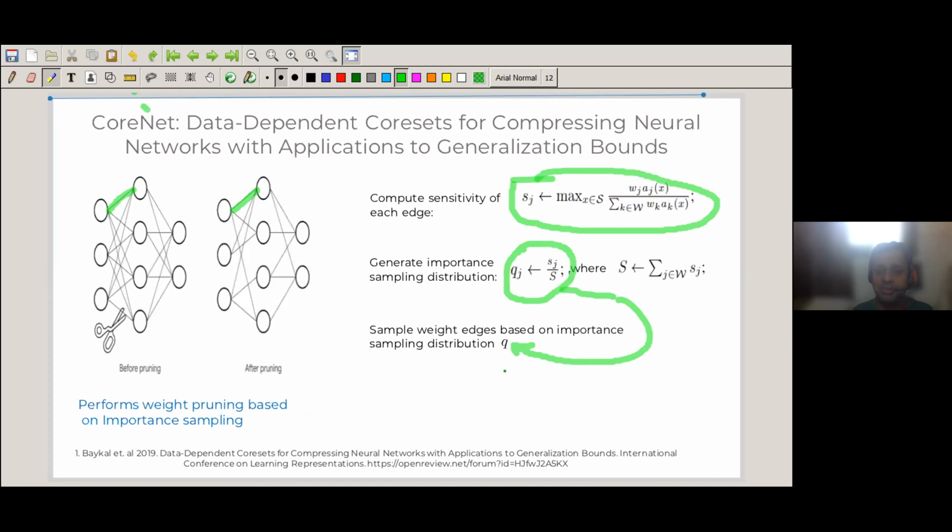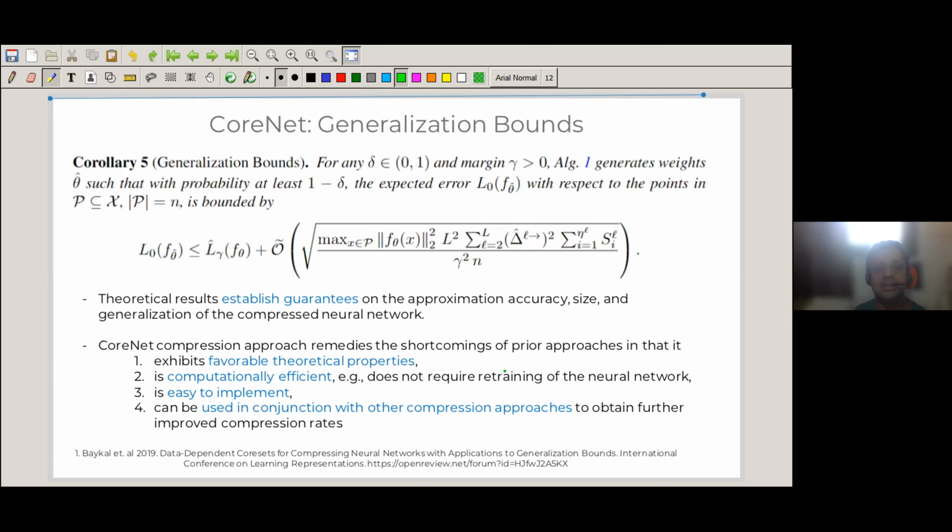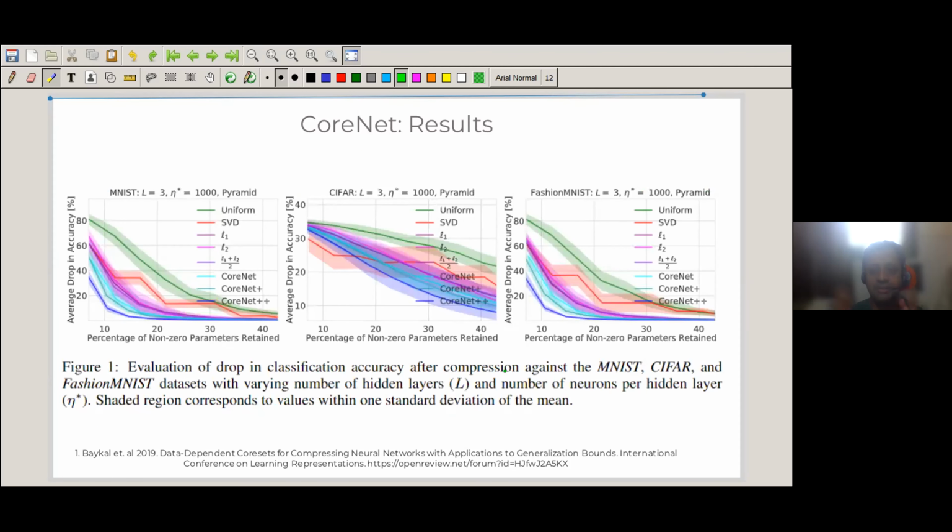But this is a data dependent coreset idea, where you're looking at the activation a_j, which will come from the data. But can you also do data independent? We'll come to that. But if you look again at the CoreNet performance, you'll find that the average drop in accuracy is low for CoreNet compared to some of the other approaches, and you get more efficient inference.